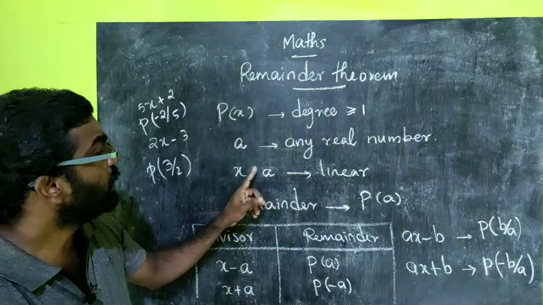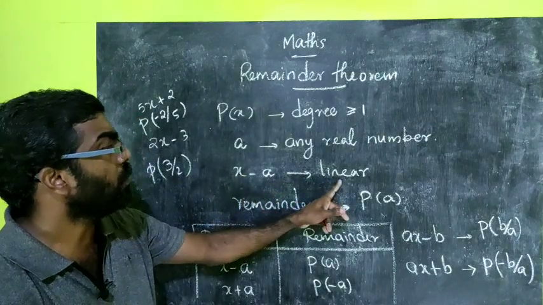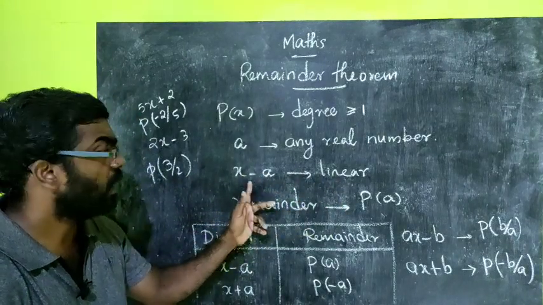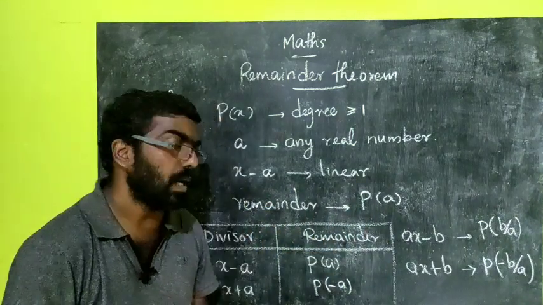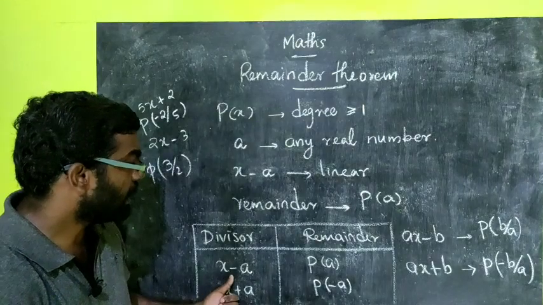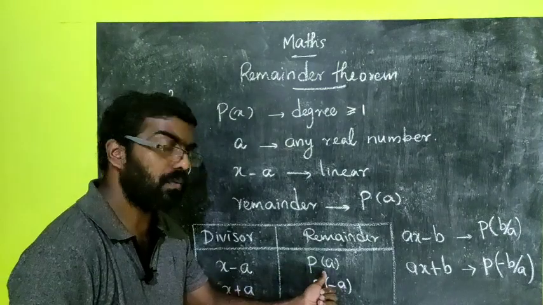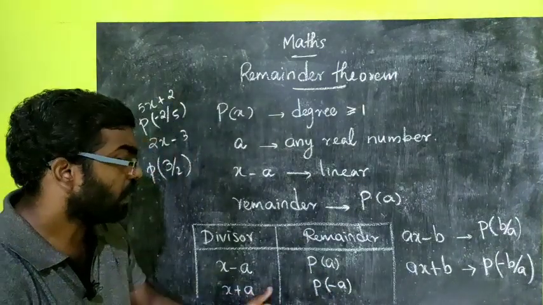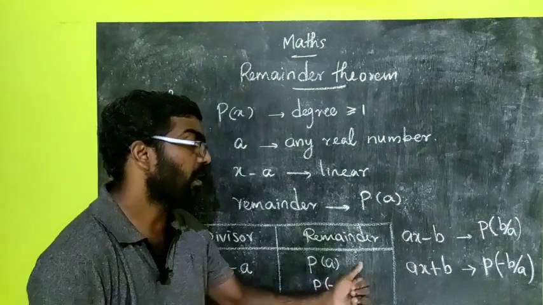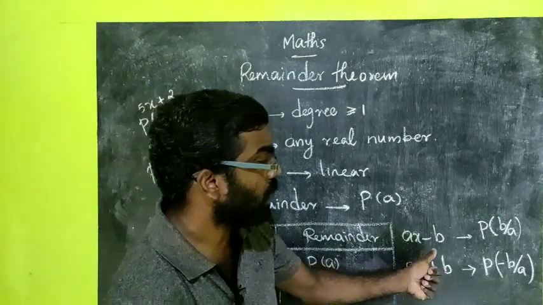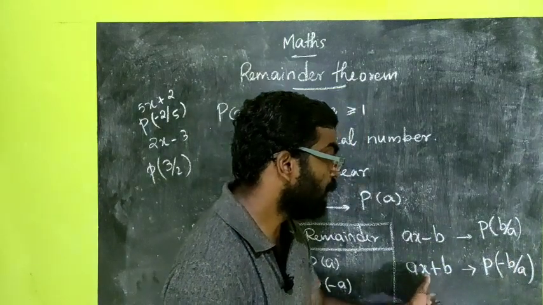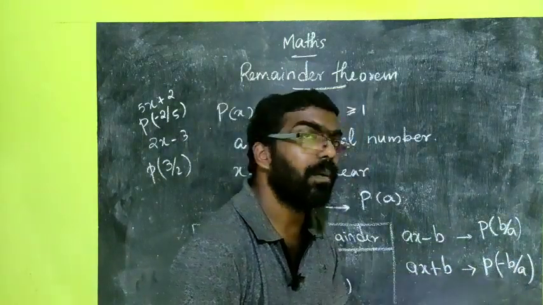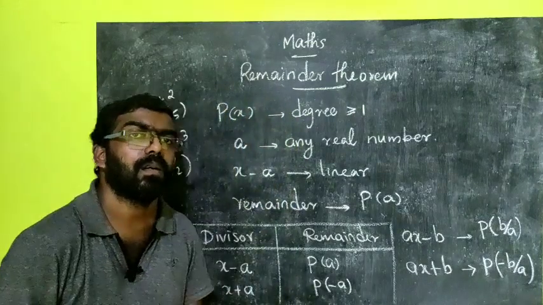If p of x is divided by a linear polynomial x minus a, then the remainder is p of a. And the four cases are divisor x minus a, remainder p of a; divisor x plus a, remainder p of minus a; divisor ax minus b, remainder p of b by a; divisor ax plus b, remainder p of minus b by a. Understood?